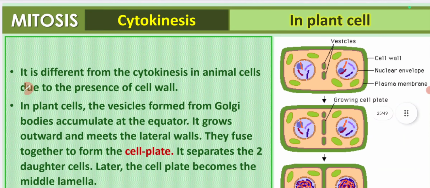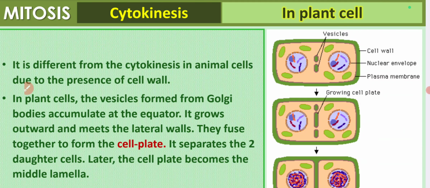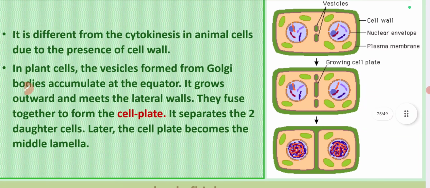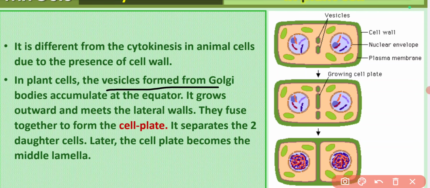But in plant cells, no cleavage furrow is formed. Instead of a cleavage furrow, plant cells develop a cell plate. It is different from cytokinesis in animal cells due to the presence of the cell wall. In plant cells, the vesicles formed from Golgi bodies accumulate at the equator. It grows outward and meets the lateral wall.